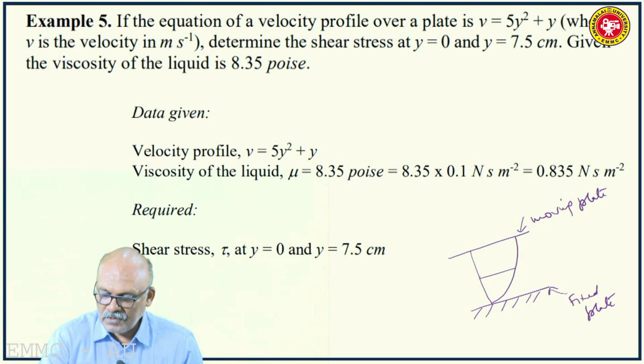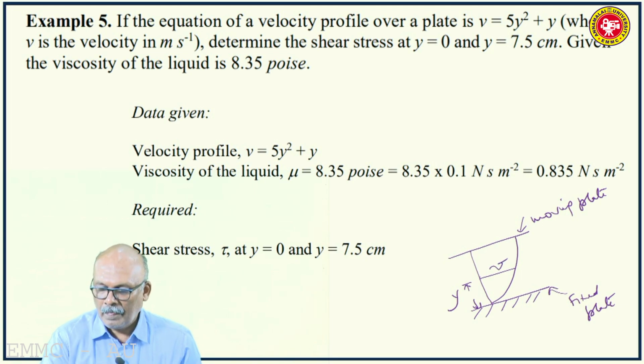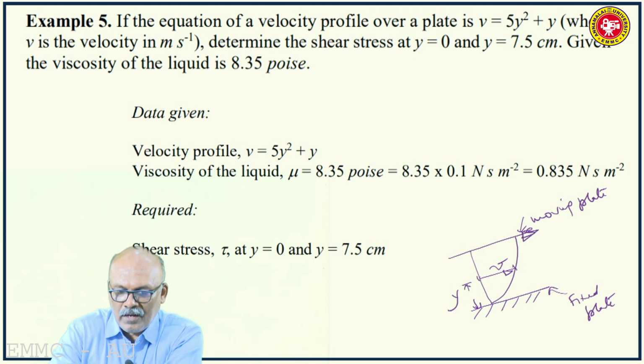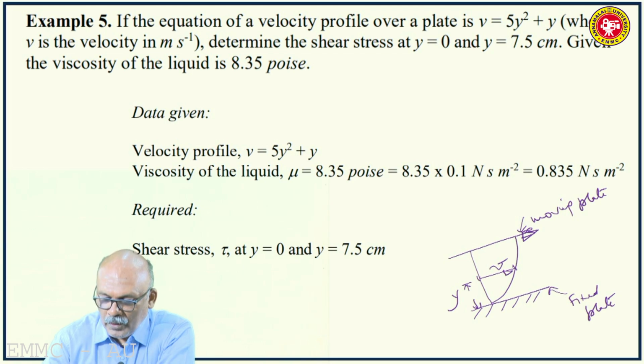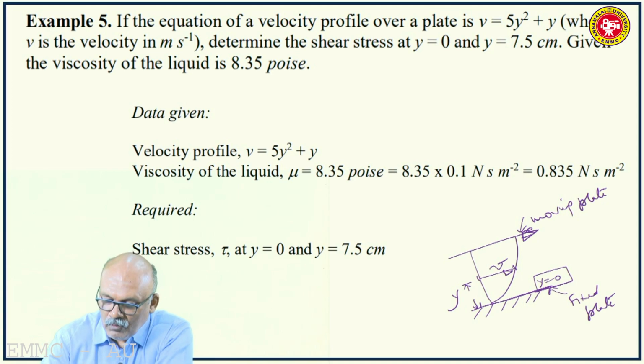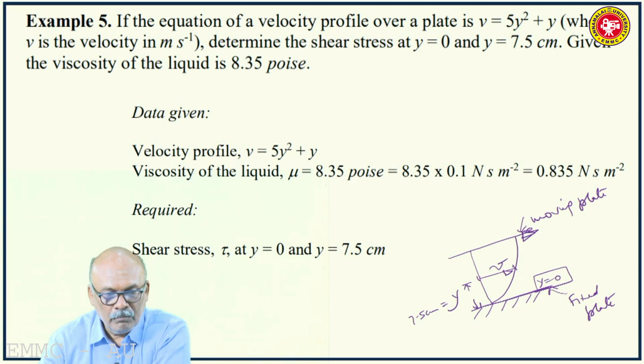So at any distance y from the bottom plate, the velocity is v. So you are asked to find out the shear stress at y is equal to 0. That means here y is equal to 0, that is at the top of the fixed plate, and y is equal to 7.5 centimeters, that is above the bottom plate.